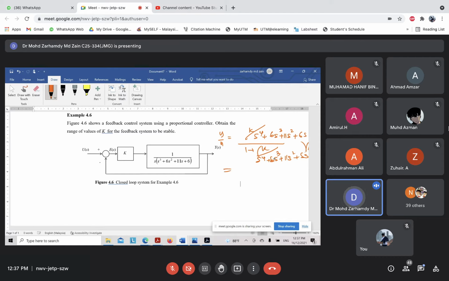So now we have the transfer function: K over S4 plus 6S3 plus 11S squared plus 6S plus K.